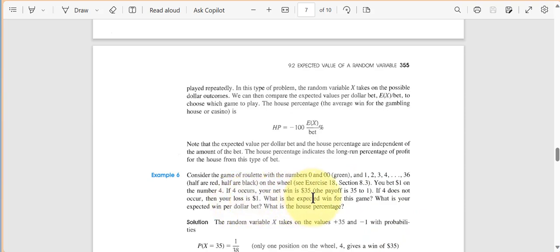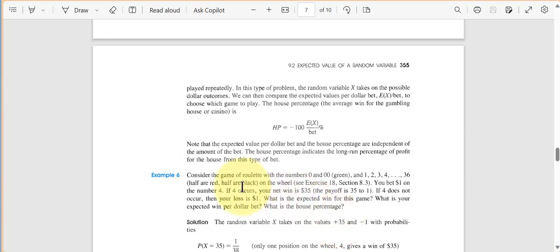So we could say, what's your expected win for this game? Which will basically tell you what you should expect to win on each dollar bet that you make. So we can do this by defining a random variable, which is the variable which is your net outcome. So we just said that there are two possibilities.